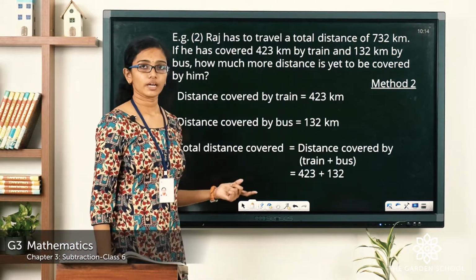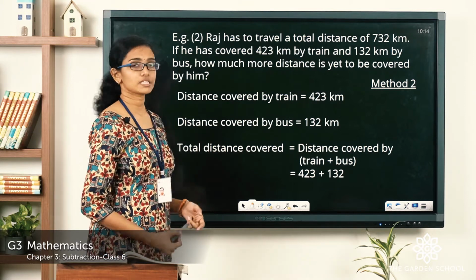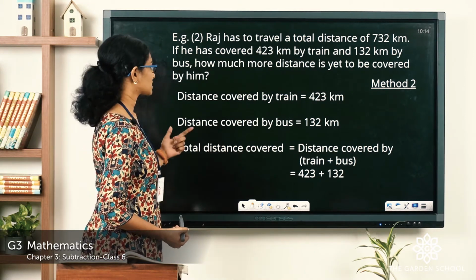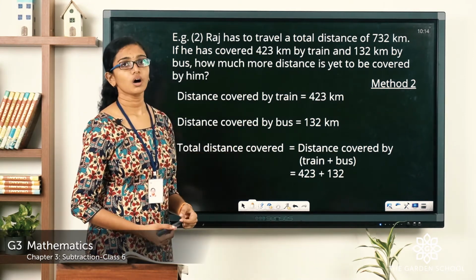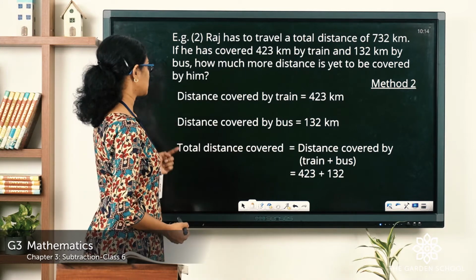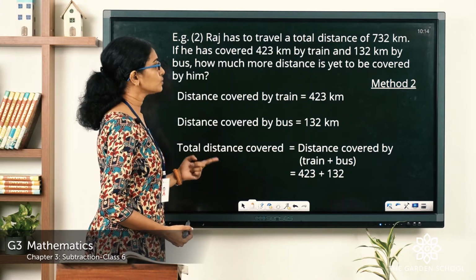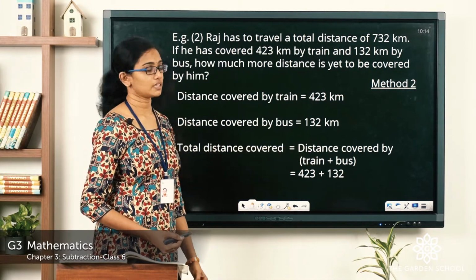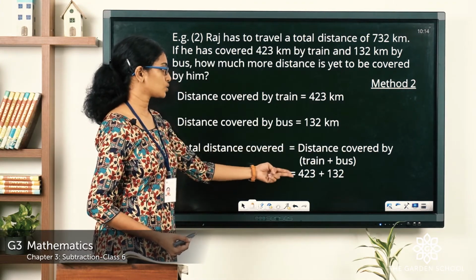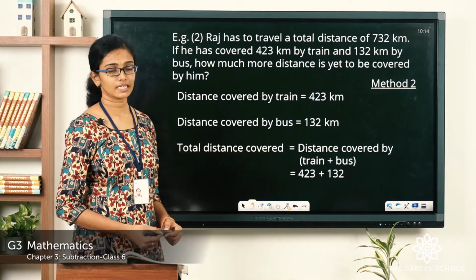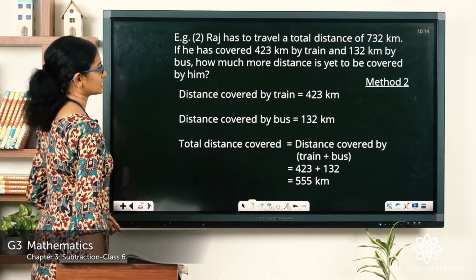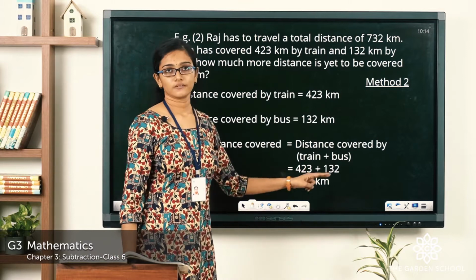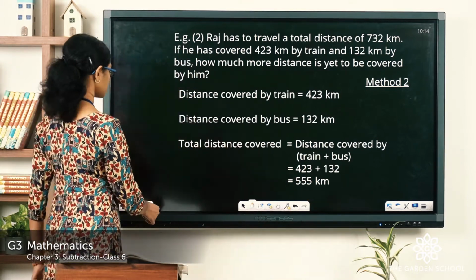Let's see the steps for this method. Distance covered by train is equal to 423 kilometers. Distance covered by bus is equal to 132 kilometers. Total distance covered is equal to distance covered by train plus distance covered by bus. So that is equal to 423 plus 132. So that gives the total distance as 555 kilometers.